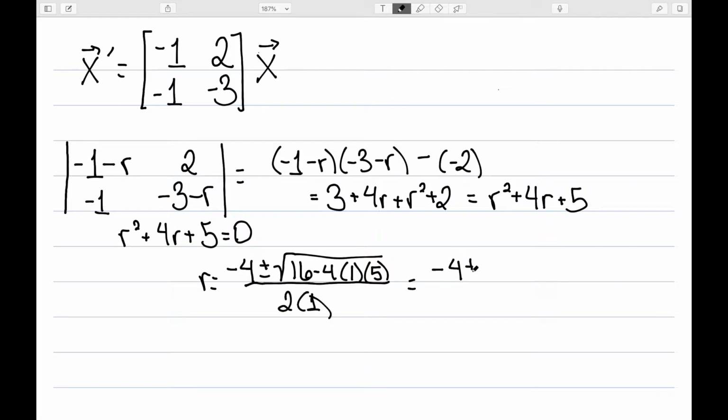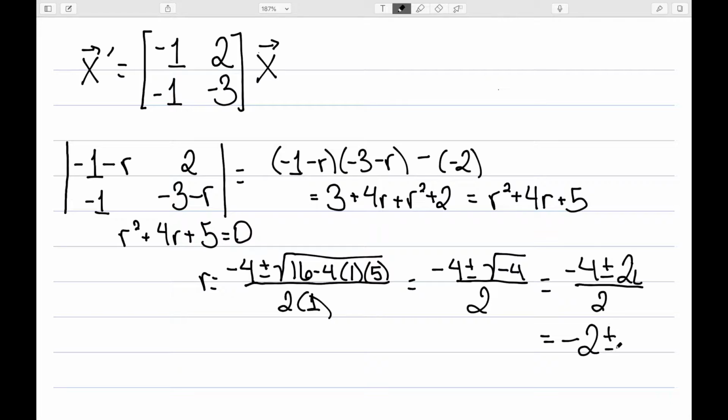Simplifying this, I would have -4 plus or minus the square root of -4 over 2. The square root of -4 is 2i, so I have -4 plus or minus 2i over 2. And simplifying this gives me -2 plus or minus i.